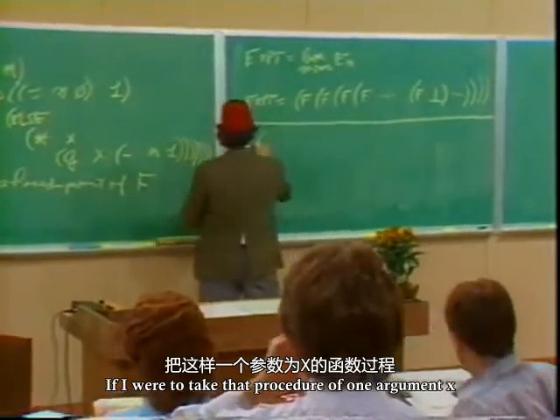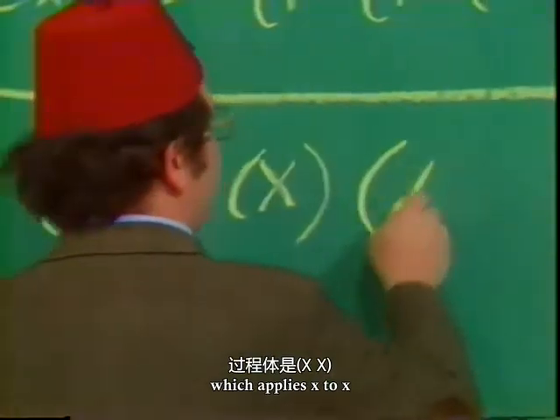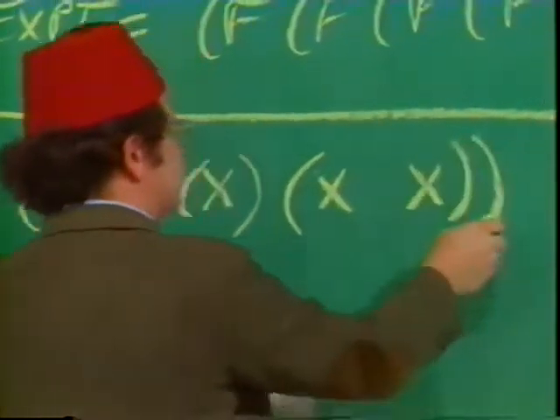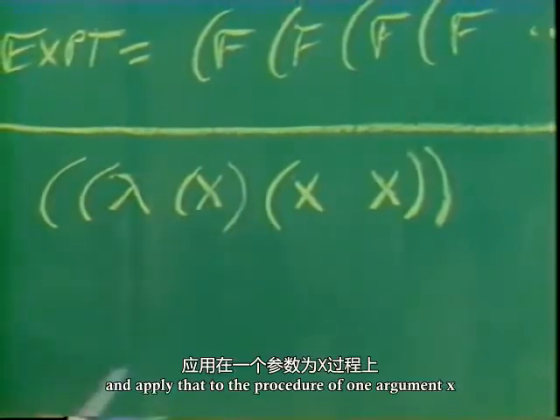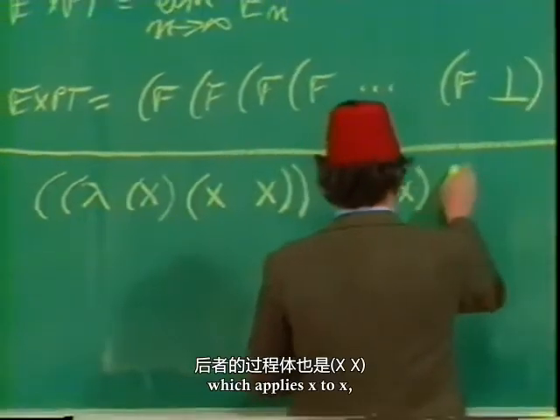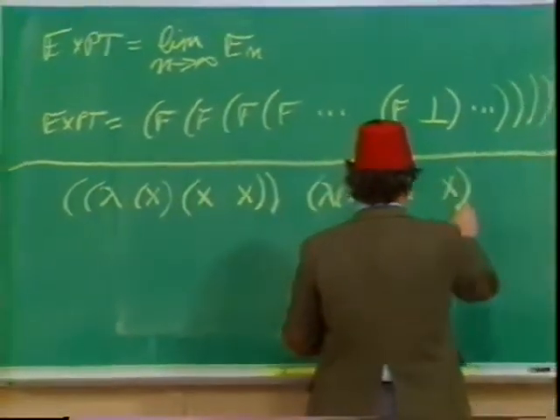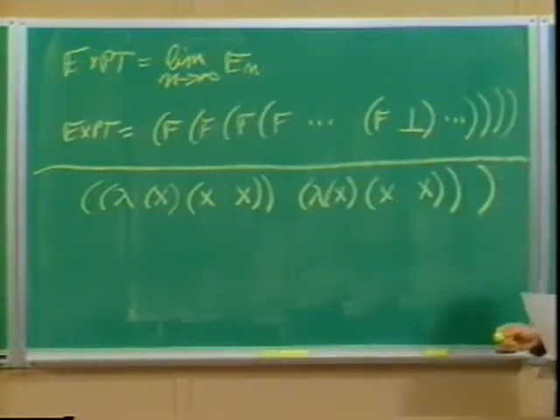If I were to take that procedure of one argument x, which applies x to x, and apply that to the procedure of one argument x, which applies x to x, then this is an infinite loop.